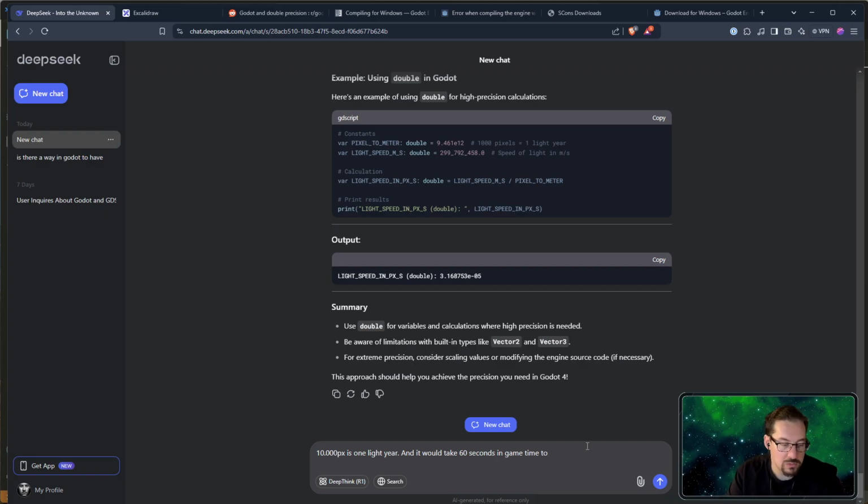In-game time, it would take 60 seconds in-game time at max speed to reach here point. How fast would be the light speed in pixels per second?